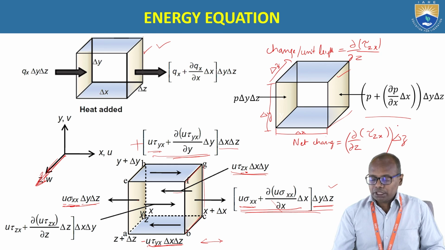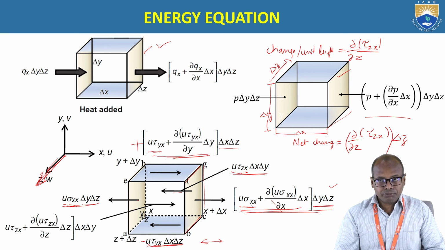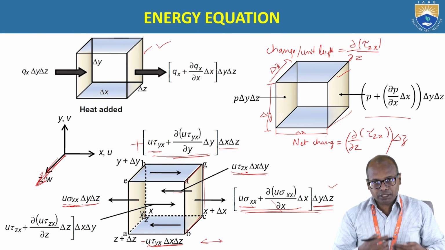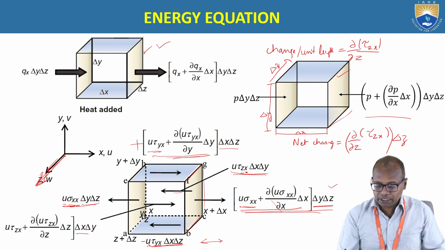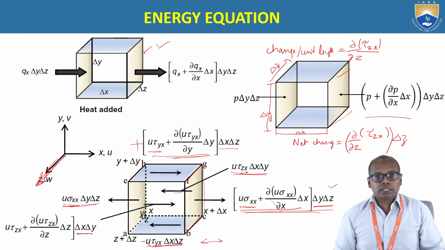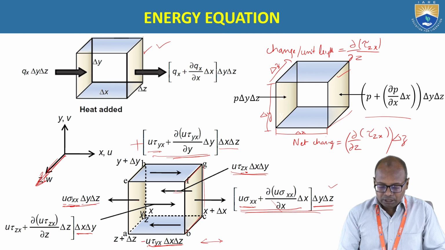Now what is the area normal to this? Area of the front face, because it is acting on the front face and back face. So the front face area is delta y into delta z. So it is, sorry, delta y into delta x. So it is a delta x delta y product. Now what is the sign of this?